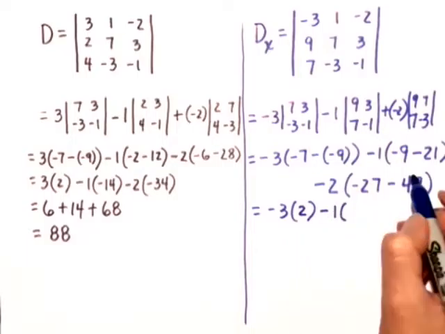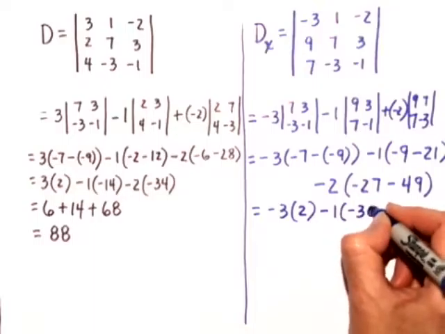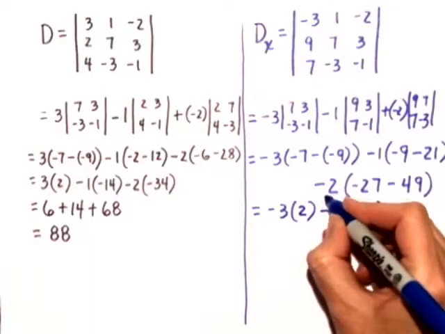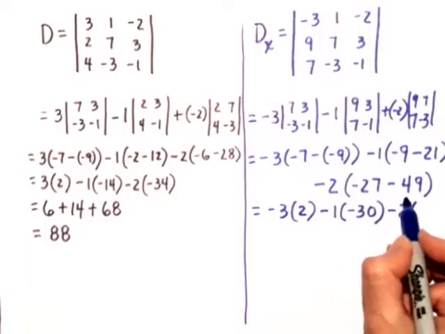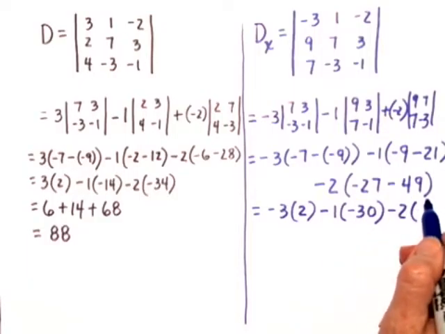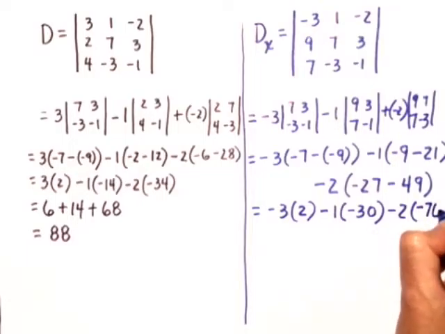Minus 1 times negative 9 minus 21 is just negative 30. And then we have minus 2 times negative 27 minus 49, which is negative 76.